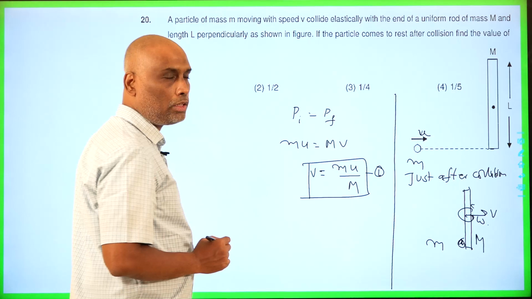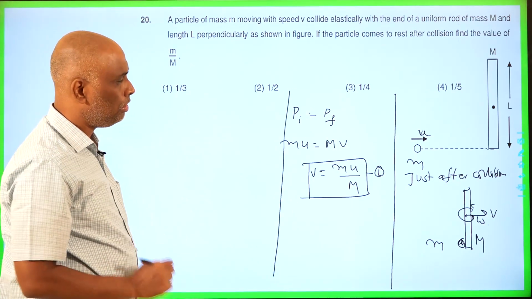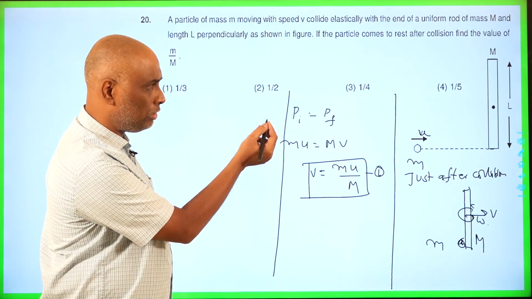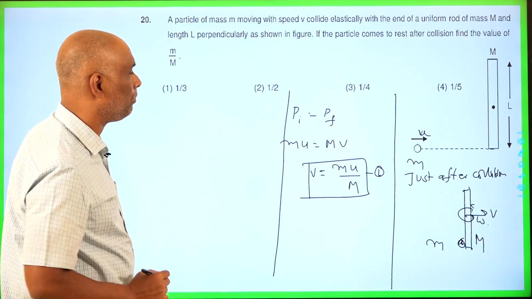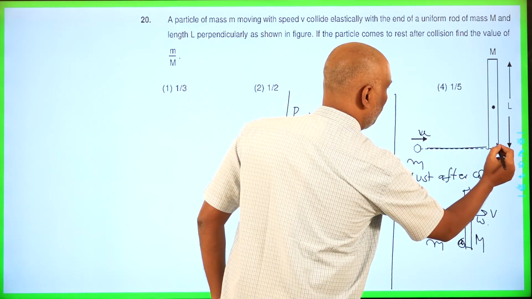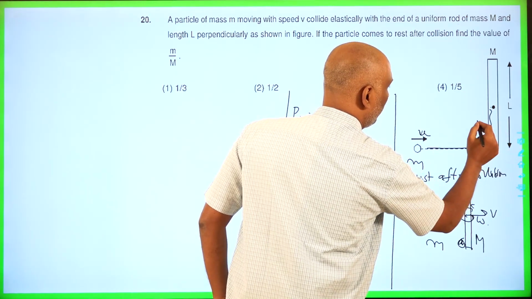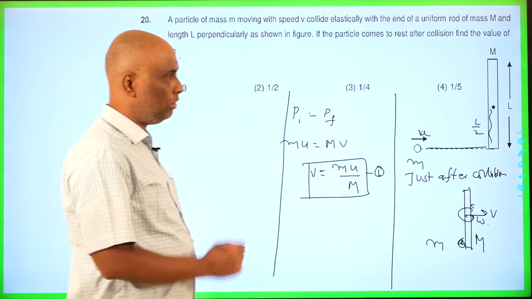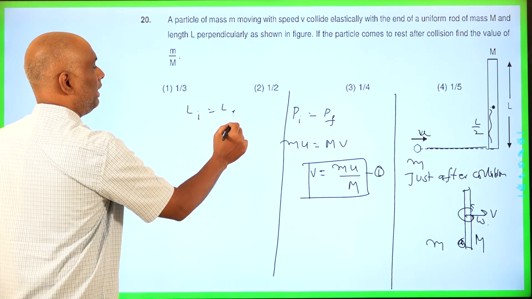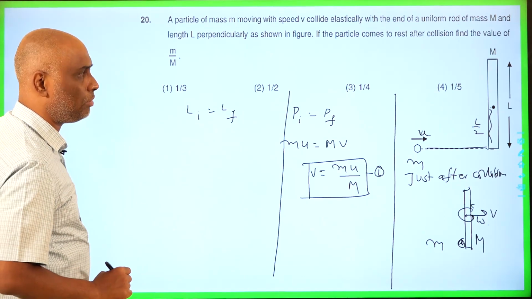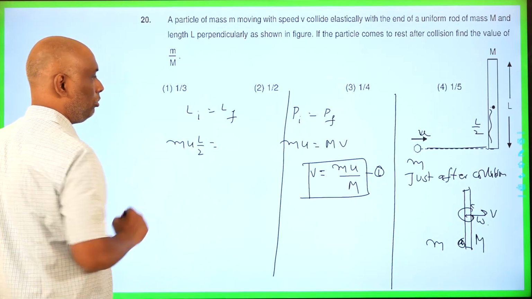That is the first equation. Second, we can apply the law of conservation of angular momentum about a point just below the center of the rod. Initially this particle is moving with a speed u, and about the point just below, the perpendicular distance is L divided by 2. So initial angular momentum is equal to final angular momentum. Initial angular momentum is mu into L divided by 2.